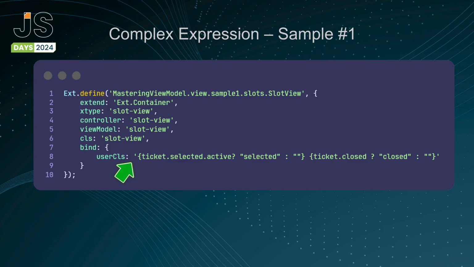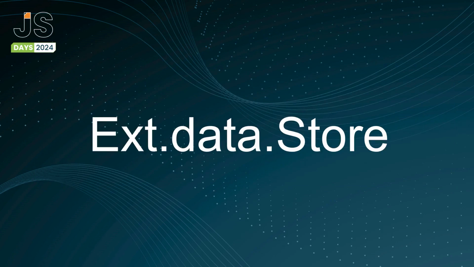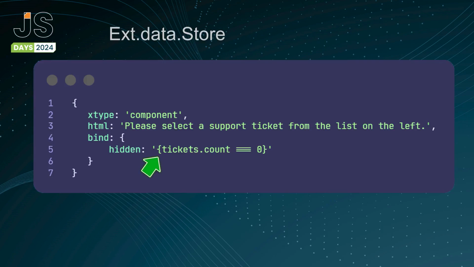Now coming back here to the slides, we can see that we managed to solve sample 1 of the complex expression, and we managed to solve sample 2 of the complex expression. Now we are going to talk about the x.data.store and how we are using it. So you see, in the top right corner of the application, we have open and closed tickets that count.